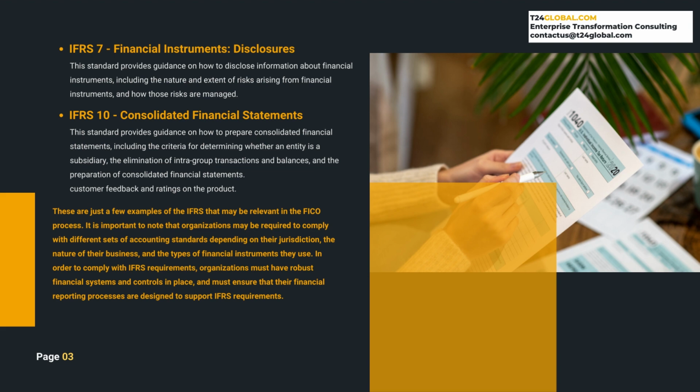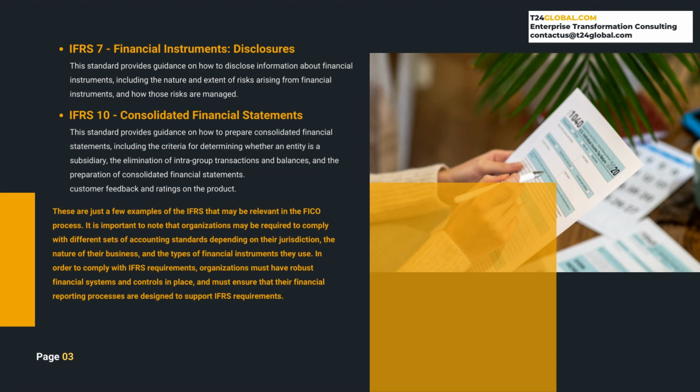This standard is important for businesses that have subsidiaries or are part of a larger corporate structure. Key persons involved in this standard include financial analysts, accountants, and senior management. IT customization details may include implementing financial consolidation software that can handle the elimination of intragroup transactions and balances.